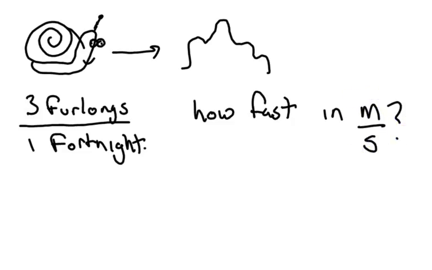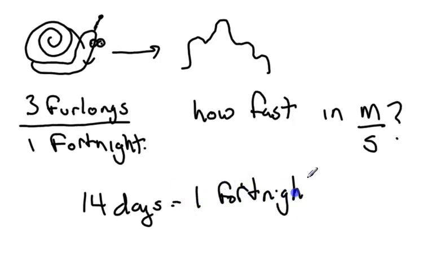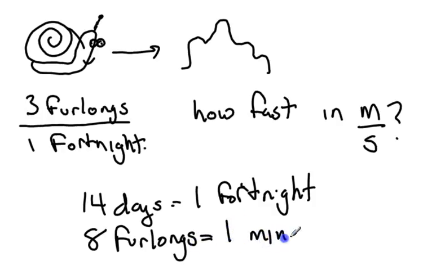Now, I will tell you that there are 14 days in 1 fortnight. And there is 8 furlongs in 1 mile. Okay. And then once you get that, then you may want to convert to meters per second, however you can. So how fast is he going in meters per second?